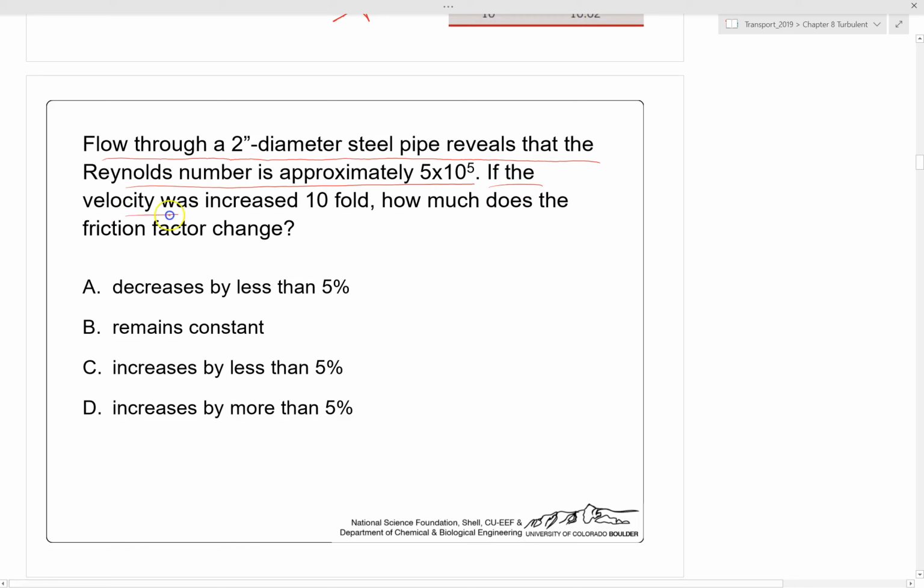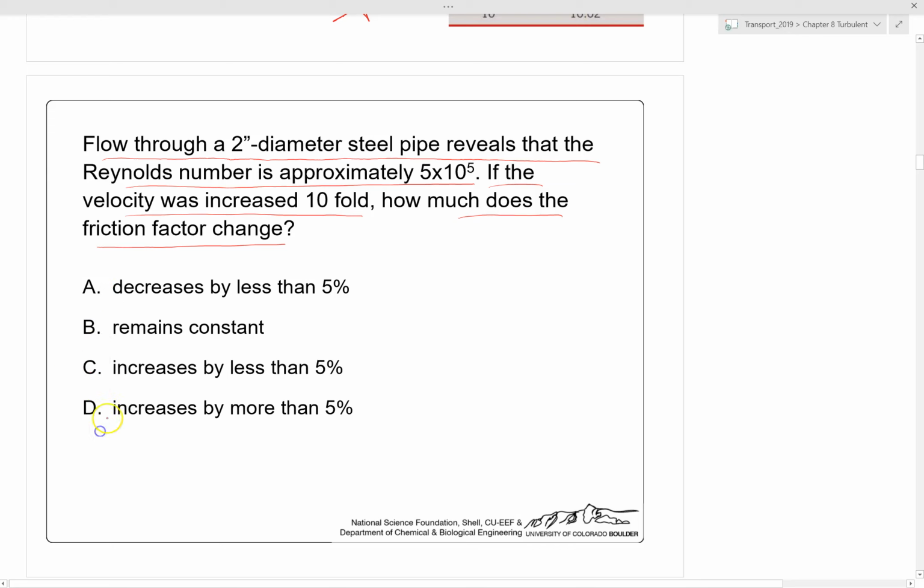If the velocity was increased by 10-fold, how much do you expect the friction factor to change? The choices you are presented with are: decreases, remains constant, increases by 5%, increases by more than 5%.